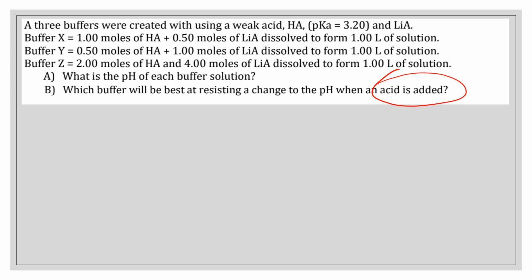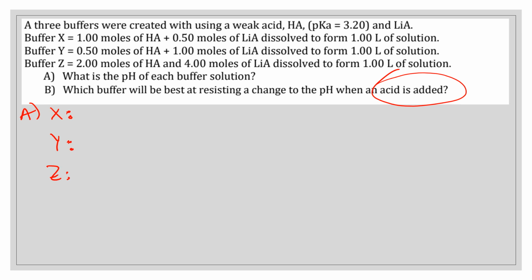All right, so part A. Buffer X, buffer Y, buffer Z. Hopefully, you should have enough space for that actually. So luckily for us, it gives us the total amount of solution for these. And from there it's really not that bad.